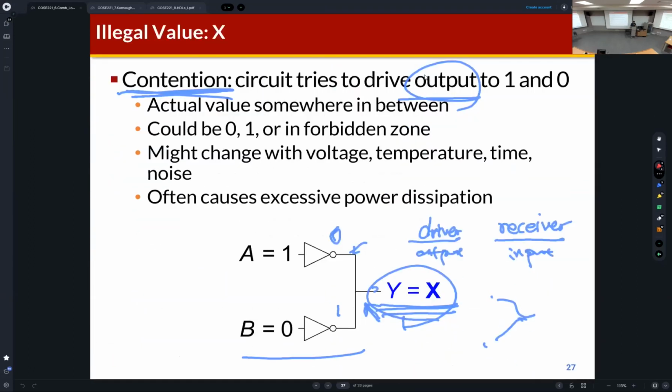Okay. Also, we learned about the illegal value X. Okay, X means the contention. You need to understand that we are implementing hardware, which means digital circuits. Then actually, the digital circuits are implemented using transistors.